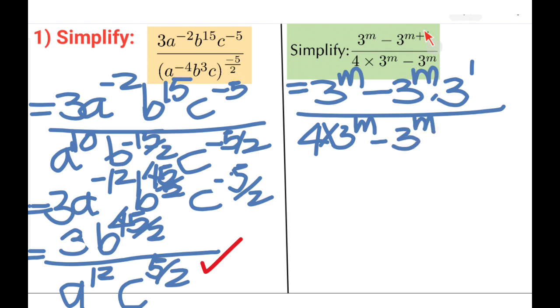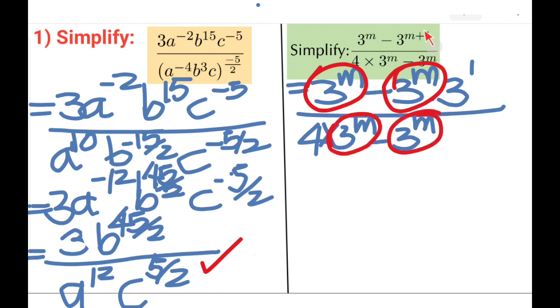Now notice something. You've got a common factor here that you're ending up with. That is 3 to the power of m, and another 3 to the power of m. So what you do is you take out that common factor like you would when you factorize anything with a common factor. So that is 3 to the power of m in brackets.